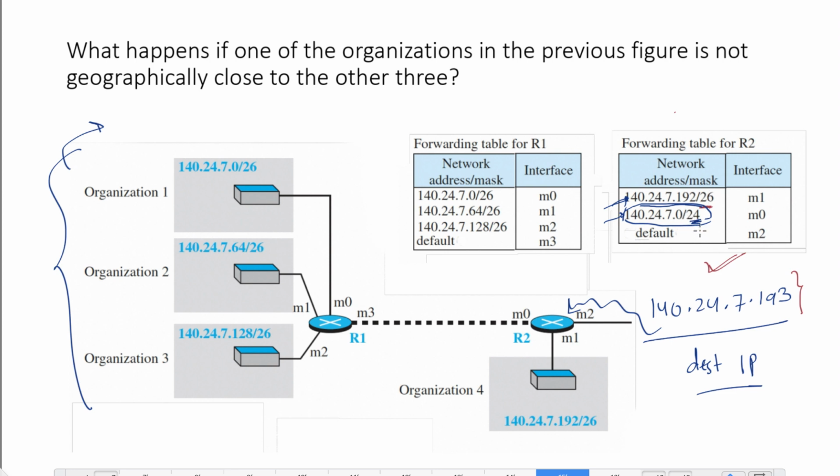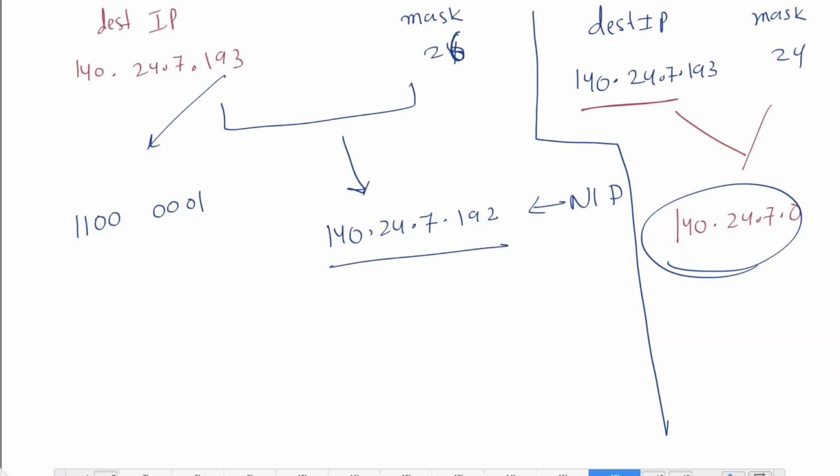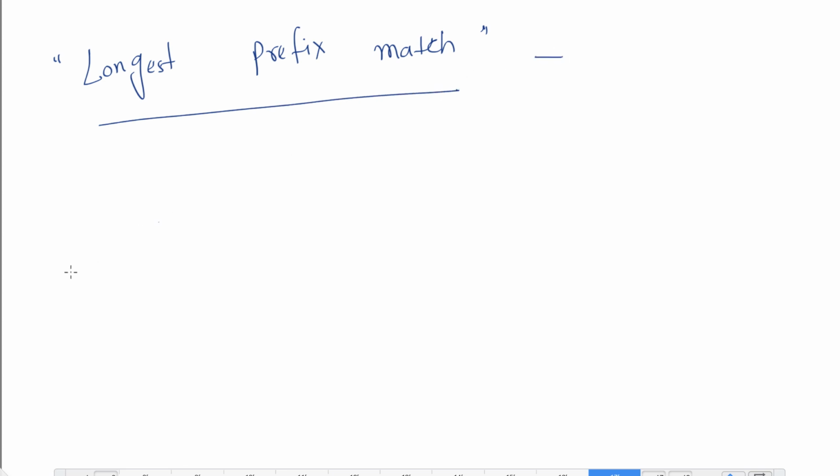So in this case, there is a rule that is called longest prefix match. This says that forward the packet to the interface which is having the longest prefix.